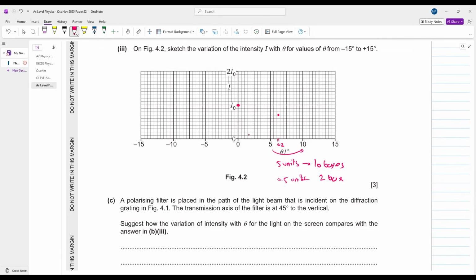So at a value of 6.2 degrees, you will have your first bright fringe. और उसके बाद 12 degrees पे, that is somewhere here, you will have your second bright fringe. Now please look carefully. मैं एक डायग्राम किस तरह से बना रहा हूँ, दूसरी आप खुद बना लोगे.